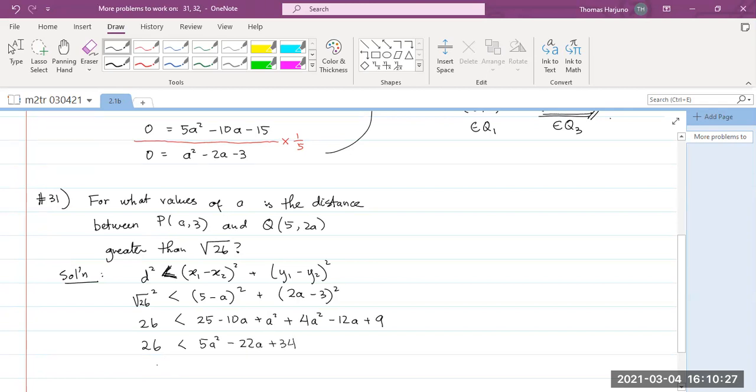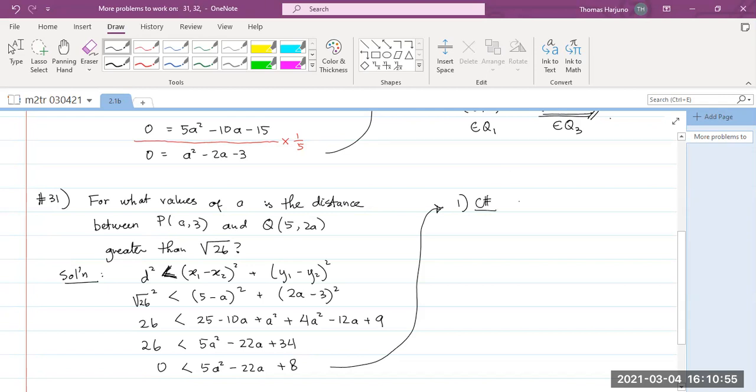Subtract by 26, I get 5a squared minus 22a plus 8. Now, basically, I need to solve that inequality, right? So I start with critical numbers. Remember, that's a polynomial inequality.